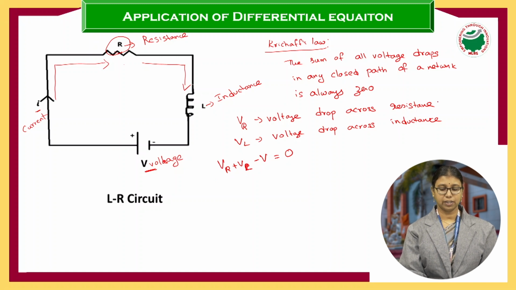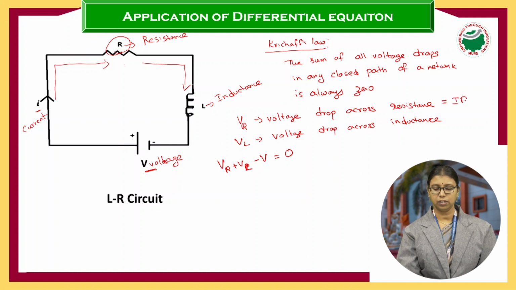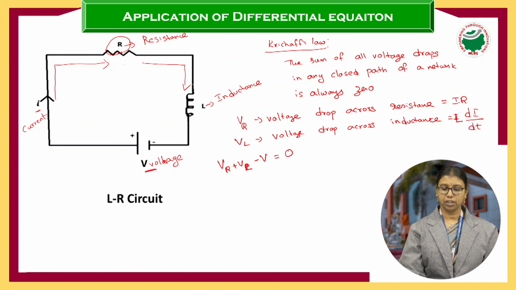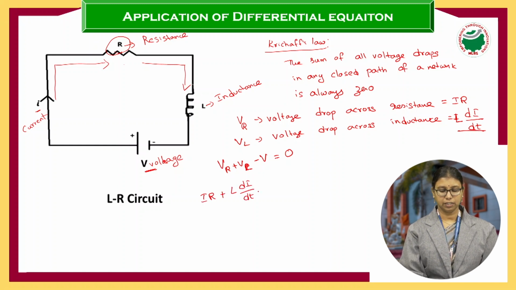The voltage drop at resistance is always equal to current into resistance value, VR equals I into R. The voltage drop across inductance is always equal to inductance into the rate of change of current, VL equals L into di by dt. Now substitute these values: I into R plus L into di by dt minus V equal to 0.